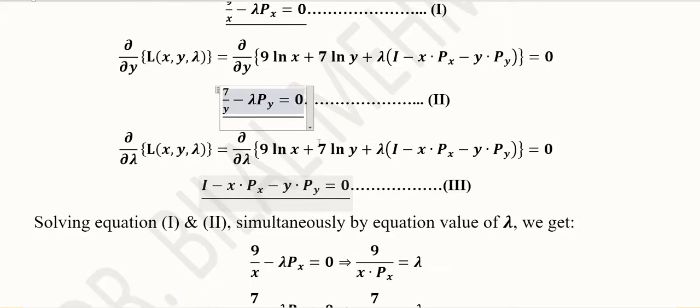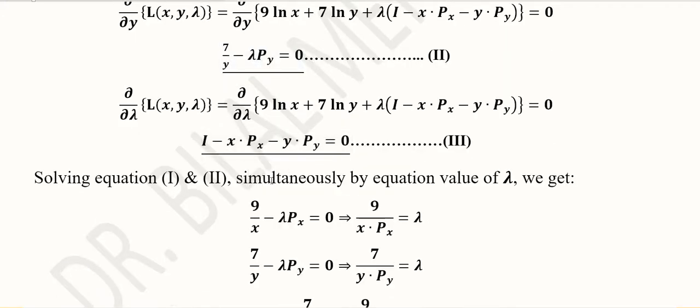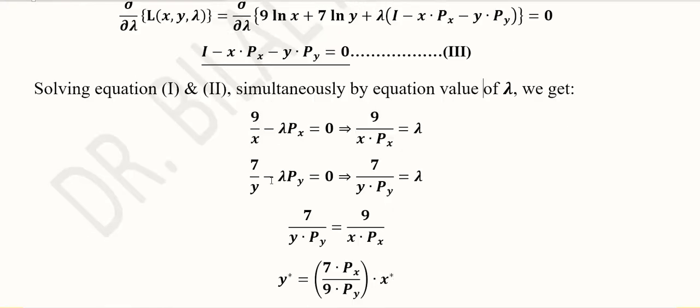And there are three equations, so it becomes a system of simultaneous equations that can be solved in a certain way. Primarily we take the first two of the three first order conditions, that is this one and that one. From these two I can extract the value of lambda and I can equate these two values of lambda.